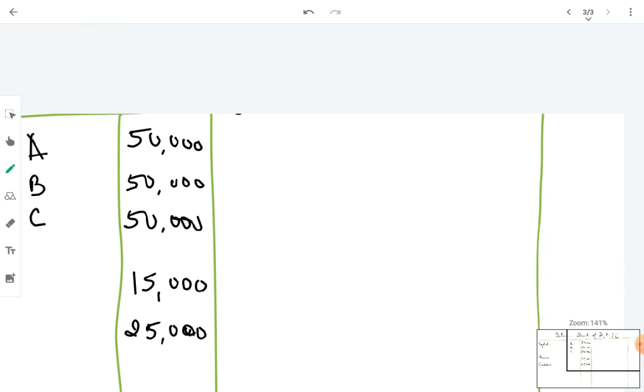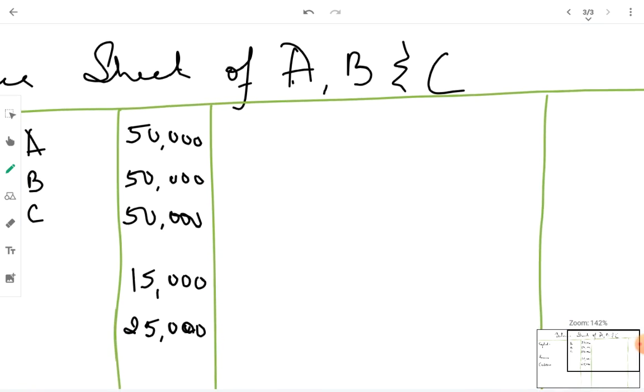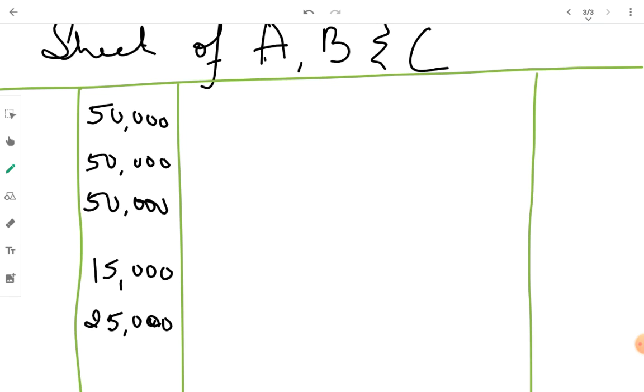Now moving on to my asset side. Under the asset side, in the original balance sheet, you had land and building, plant and machinery. So let's write first land and building, given rupees 30,000, no changes were made, so rupees 30,000.